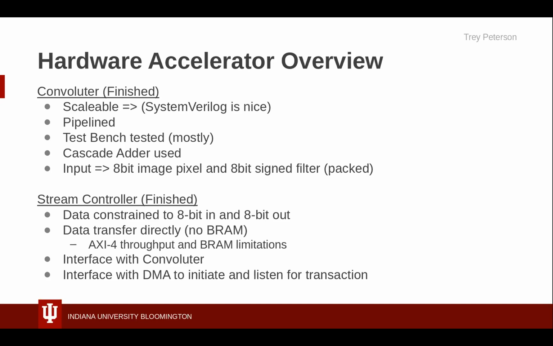Quickly learned that, given the constraints in the hardware of that project, you can't use BRAM because you only have 2 data read ports, and that can really slow down your picker, to pick your subset. So basically the stream controller is an AXI4 stream, and that interfaces the DMA to our convoluter.